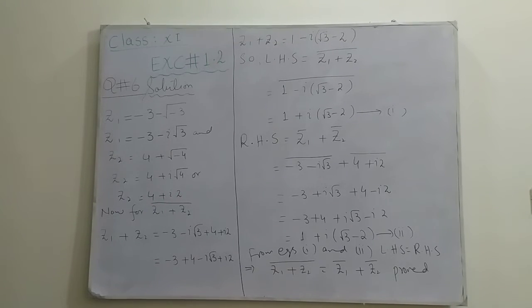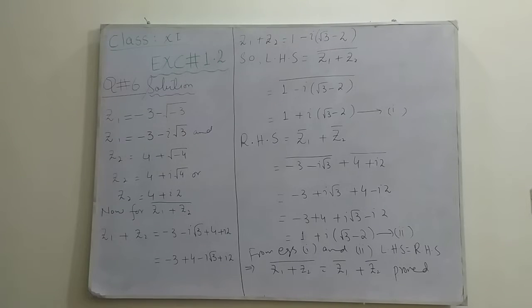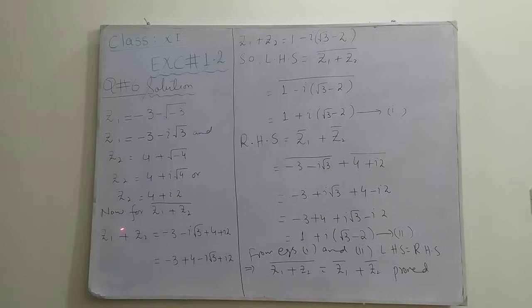Now, we have to verify that (z1 plus z2) whole conjugate is equal to z1 conjugate plus z2 conjugate. So, to find (z1 plus z2) whole conjugate, first of all, we will find the value of z1 plus z2, which is equal to putting values of z1 plus putting value of z2.